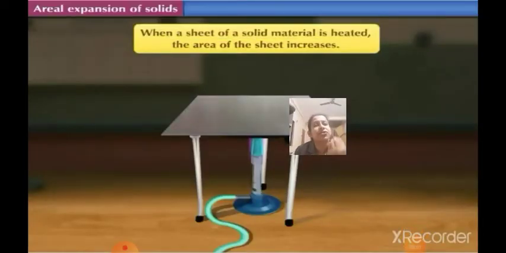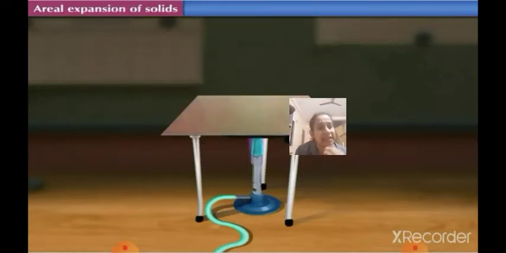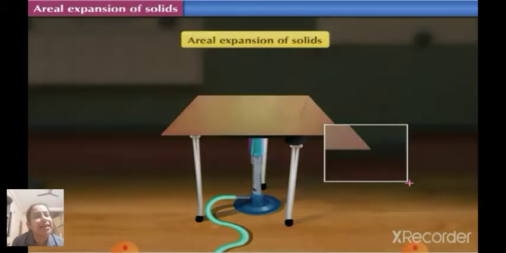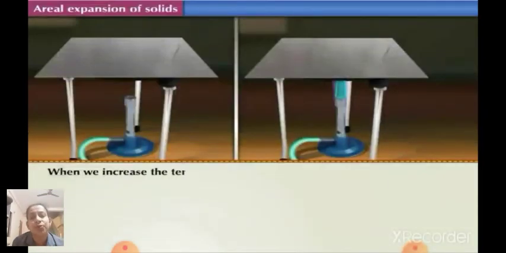When a sheet of a solid material is heated, the area of the sheet increases. Just like the length, even area can expand, and this is also called areal expansion of the solid.